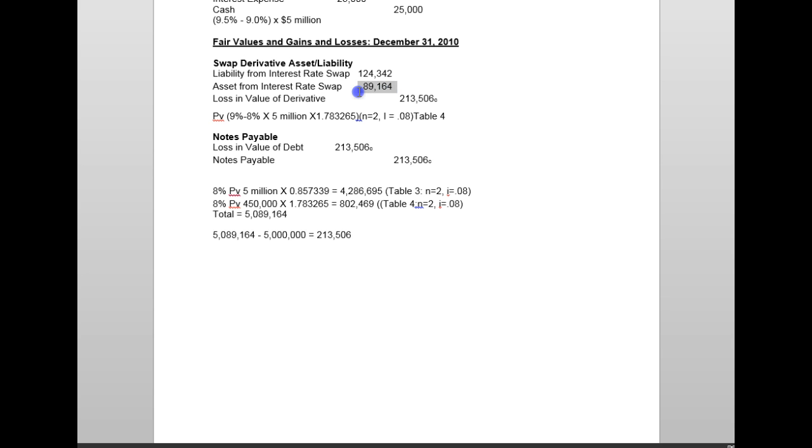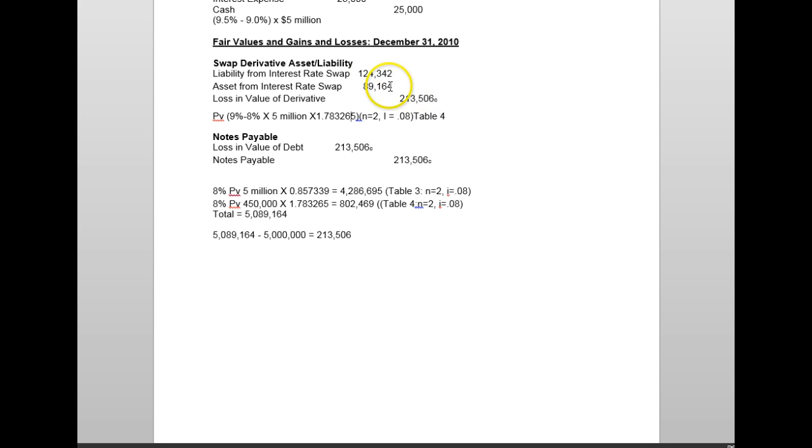We need our account to reflect that $89,164. So that amount was right here. 9% minus 8% times 5 million times the factor on table 4.